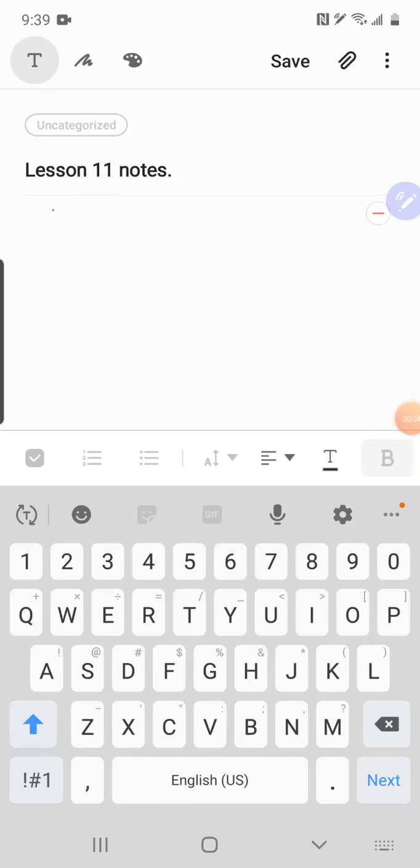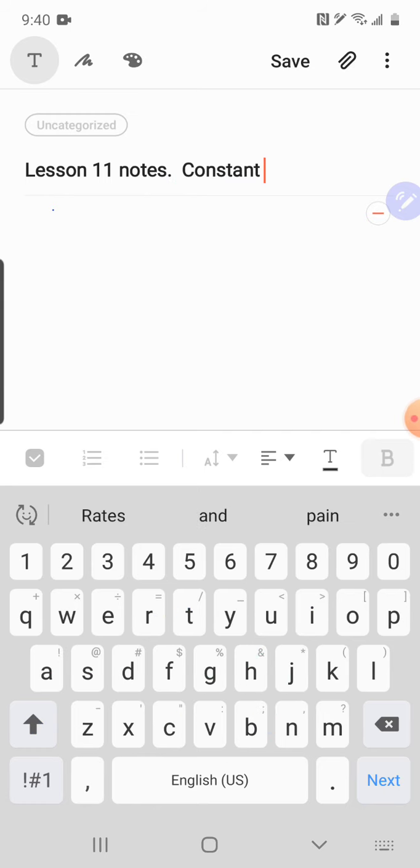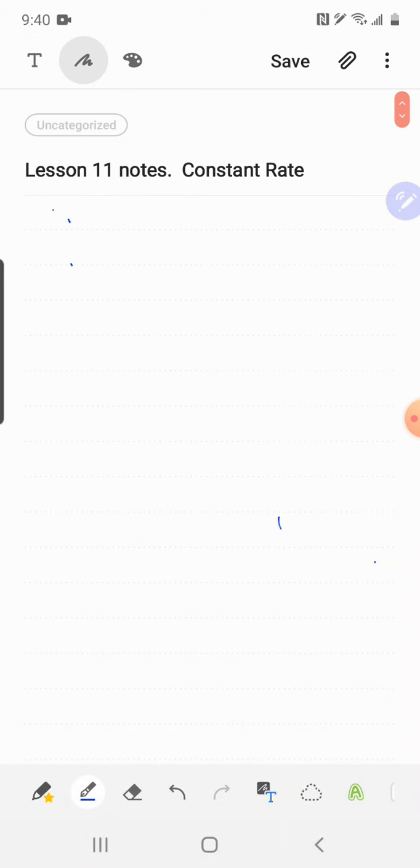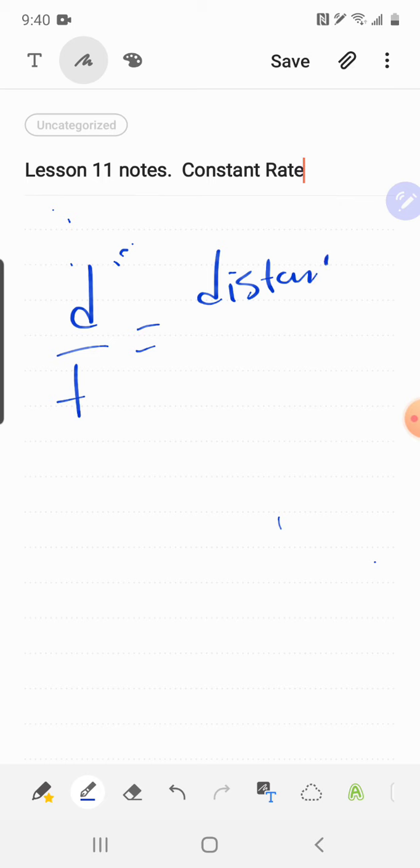Today we're going to be doing lesson 11 notes, and lesson 11 is constant rate. So when we're dealing with constant rate, you guys remember we were talking about d over t, and that is equal to the distance over time.